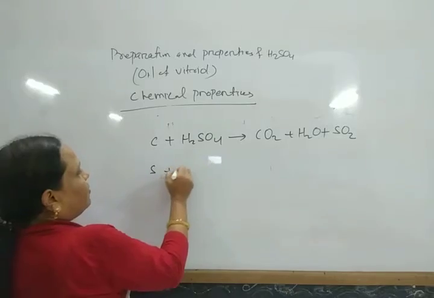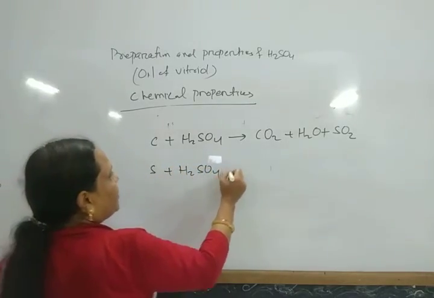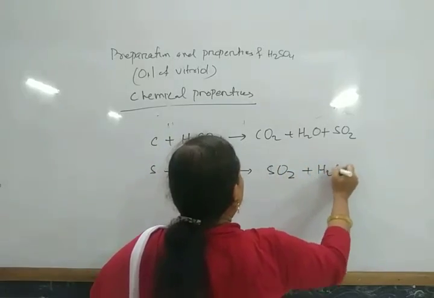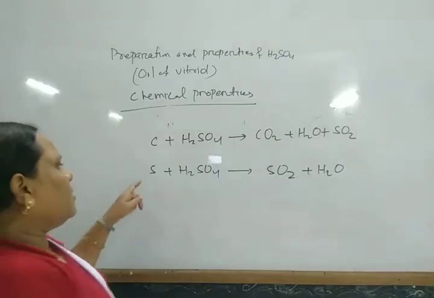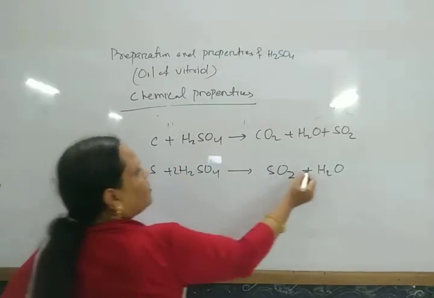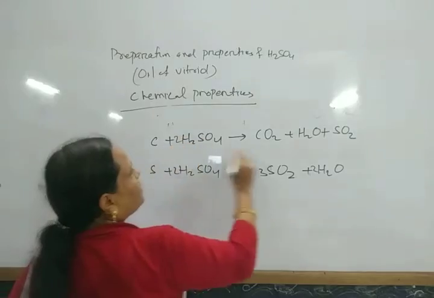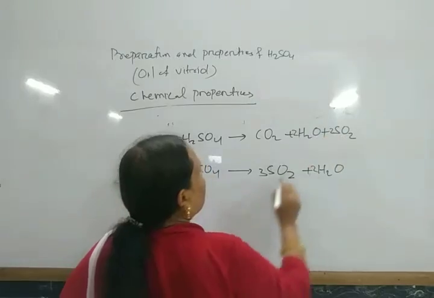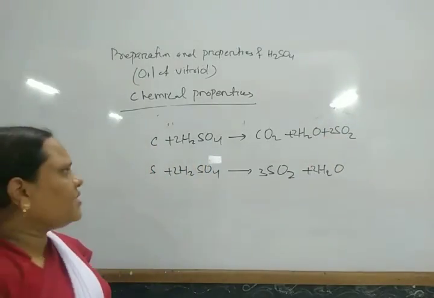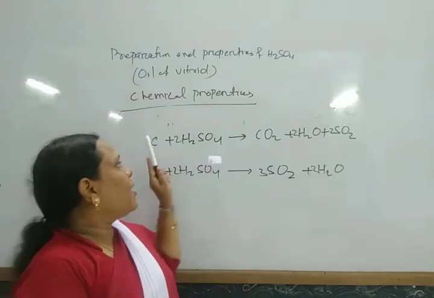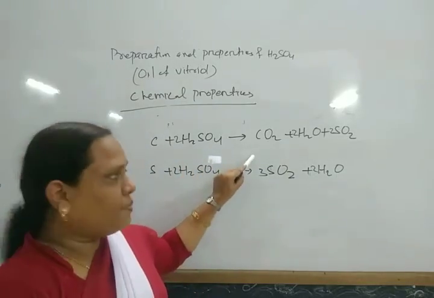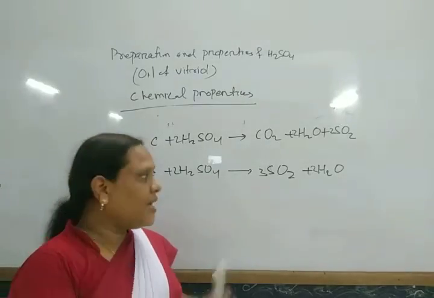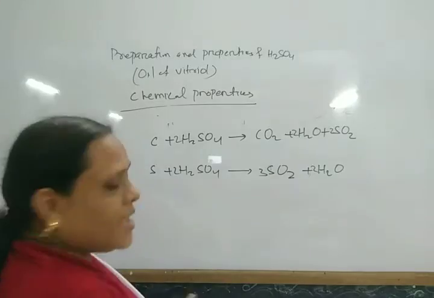And when sulfur is heated with sulfuric acid, it forms sulfur dioxide and H2O. Okay, so these are not balanced. In this way, carbon when treated with concentrated sulfuric acid forms carbon dioxide, and sulfur treated with concentrated sulfuric acid forms sulfur dioxide.